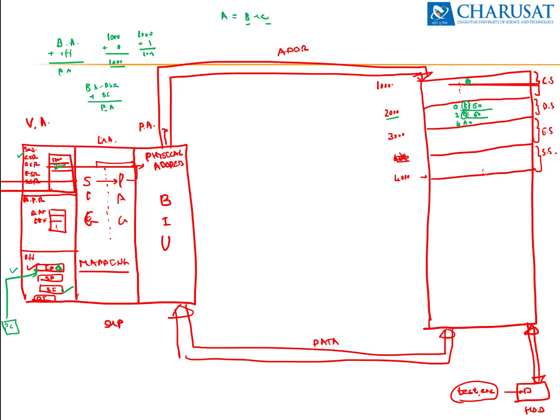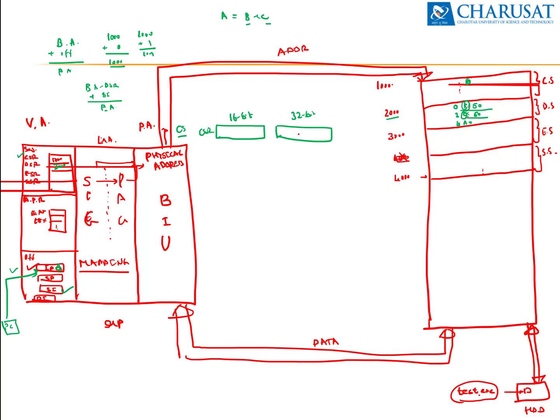In a similar way, for the stack segment we use the respective registers SSR and the SP pointer. SP is the stack pointer into the stack segment. So I have discussed CS and DS. In the case of CS, this is a 16-bit code segment register value, and the offset value is the 32-bit IP, the instruction pointer.